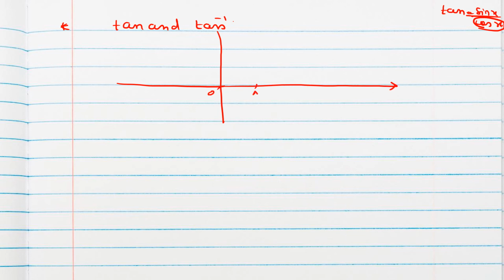So 0, pi by 2, pi, 3 pi by 2, 2 pi, and minus pi by 2, minus pi, minus 3 pi by 2, minus 2 pi. So at pi by 2, it becomes undefined, at 3 pi by 2 also it becomes undefined.